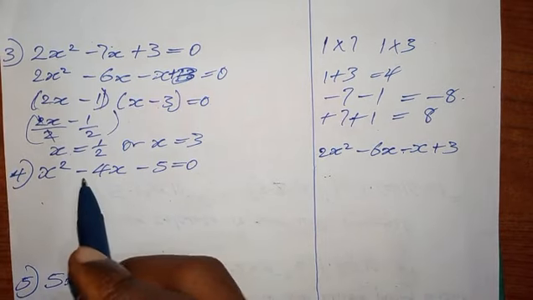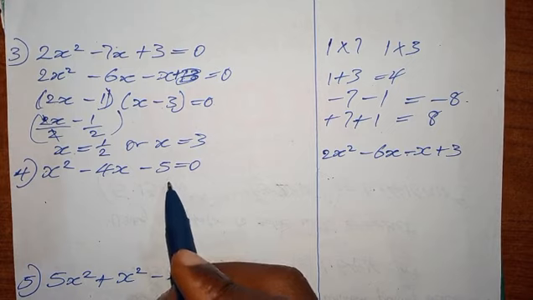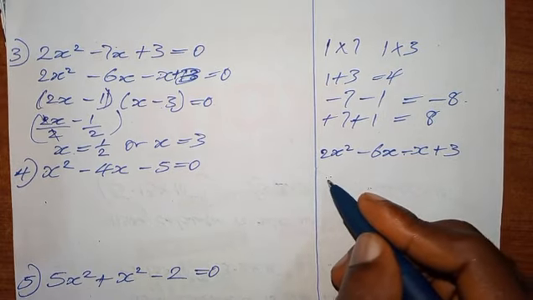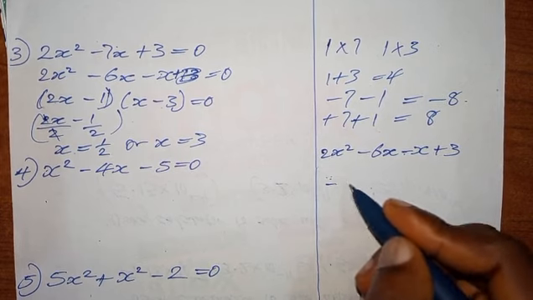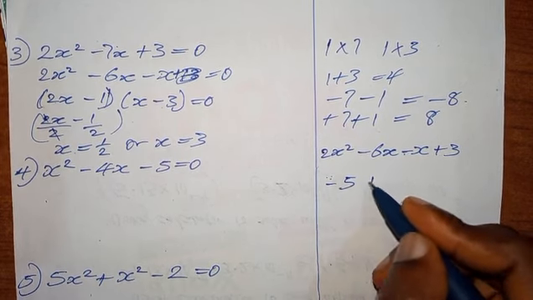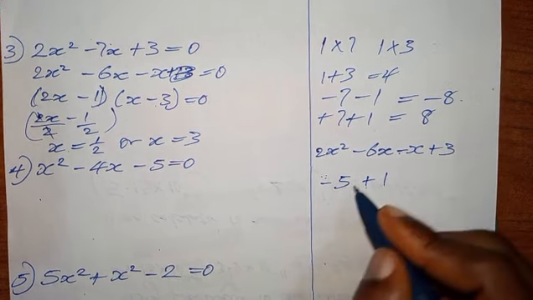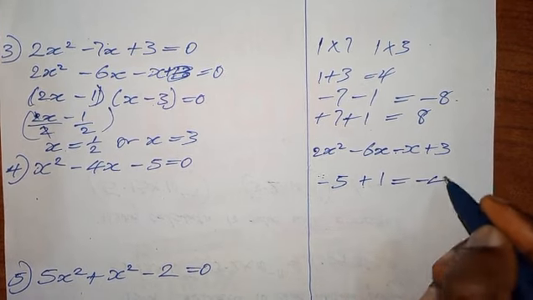Here in number 4, x squared minus 4x minus 5. So look for two numbers that when you multiply you have minus 5, but when you add you have minus 4. So let's go here. Let's try this number, minus 5 plus 1. Minus 5 plus 1 is equal to minus 4.